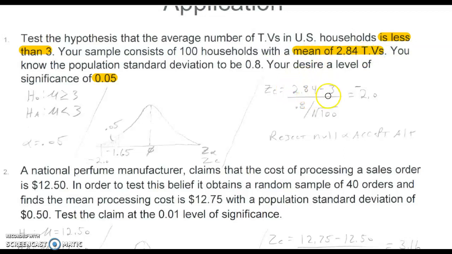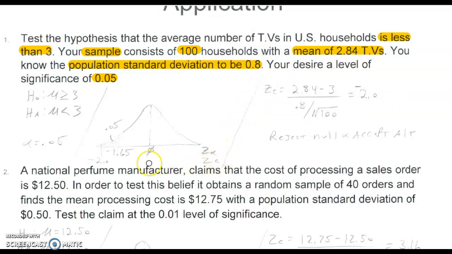We find how far that is from the hypothesized population mean, 3, 2.84 minus 3, and then we divide that by our standard error, which is our population standard deviation, which it gives to us right there, 0.8, divided by the square root of the sample, which is 100 households. If you do that correctly, you should get a negative 2. So that's our computed value.